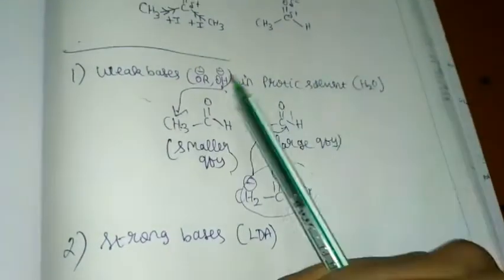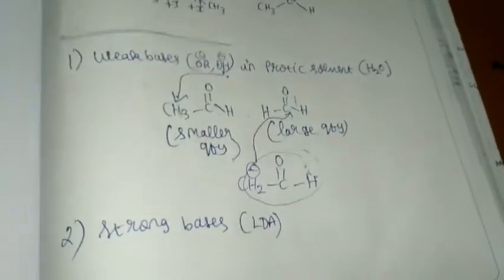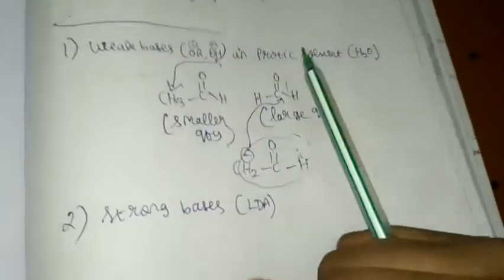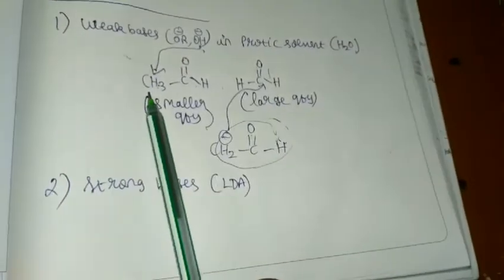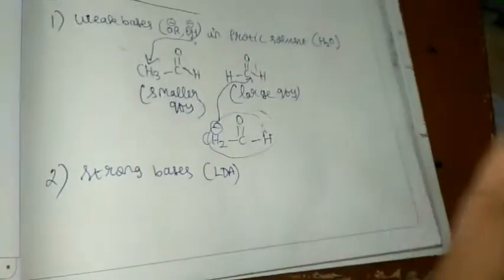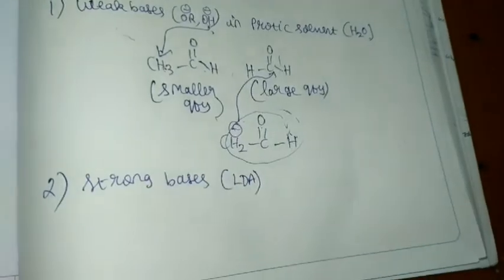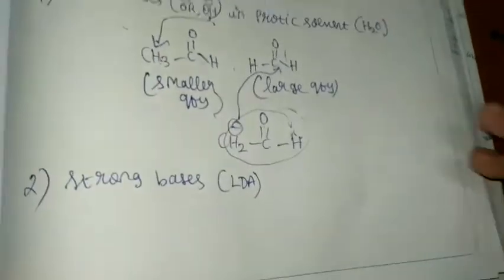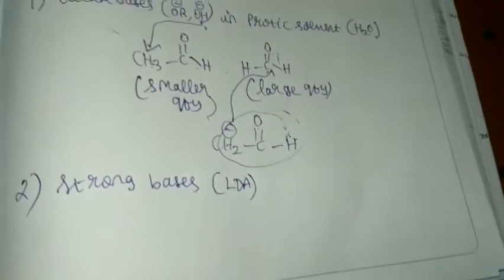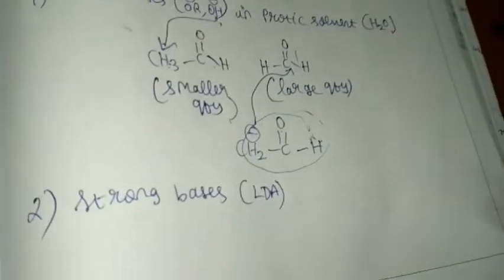Why? Because this is in very lesser quantity, so this cannot take place. Even if you take weak bases, there is no problem. Strong bases, no problem at all. It will easily remove the proton from the molecule with alpha hydrogen, and we form the enolate ion first. Then we react the enolate ion with another molecule which we take. So these are the two ways in which we can get control over the products.